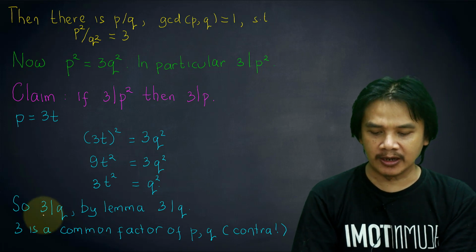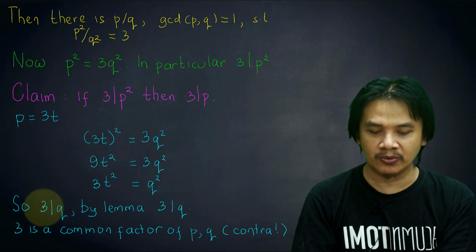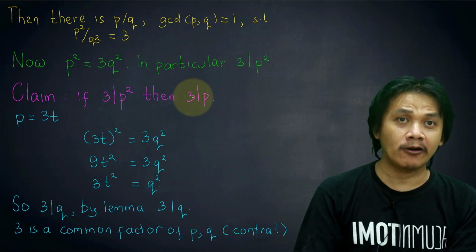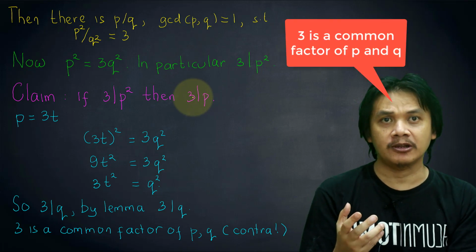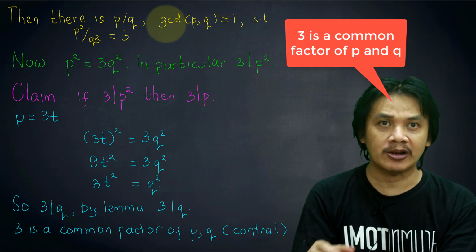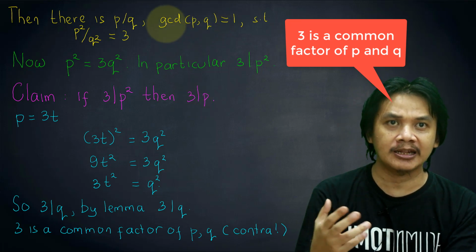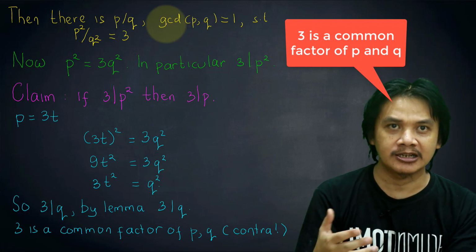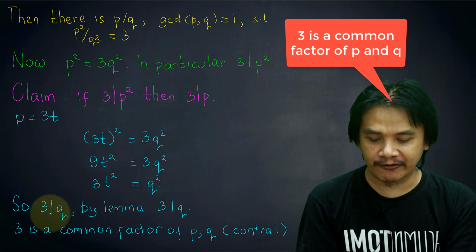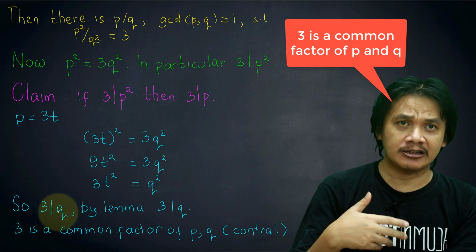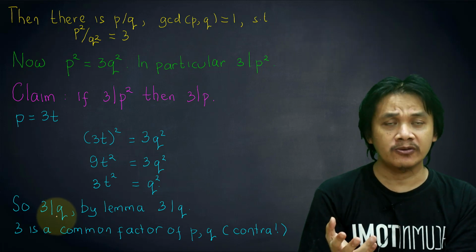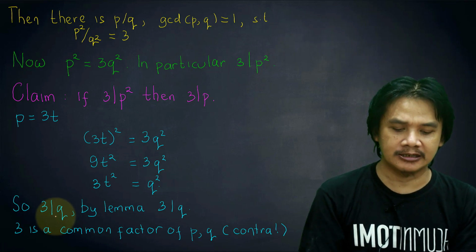We have that 3 divides q, and also 3 divides p. Therefore, 3 is a common divisor of p and q. Meanwhile, at the beginning, we declared that p and q have no common divisor greater than 1. But here we found another divisor greater than 1, a divisor of both p and q. So there is a contradiction.